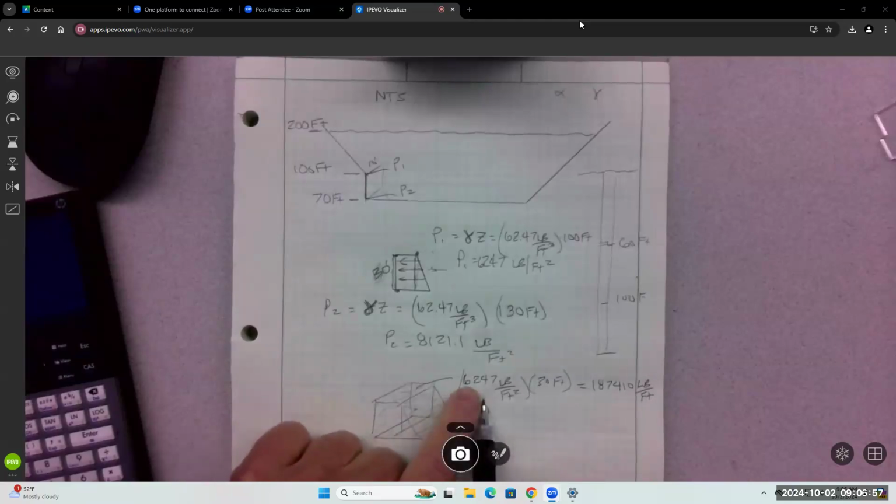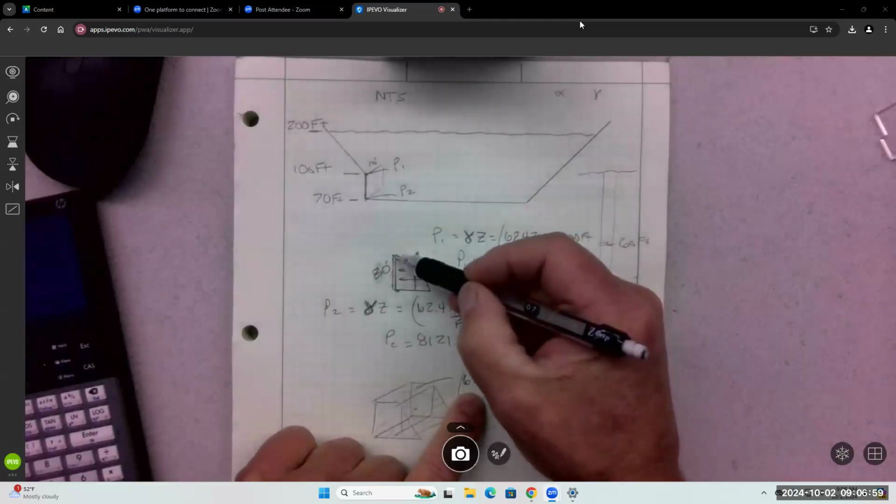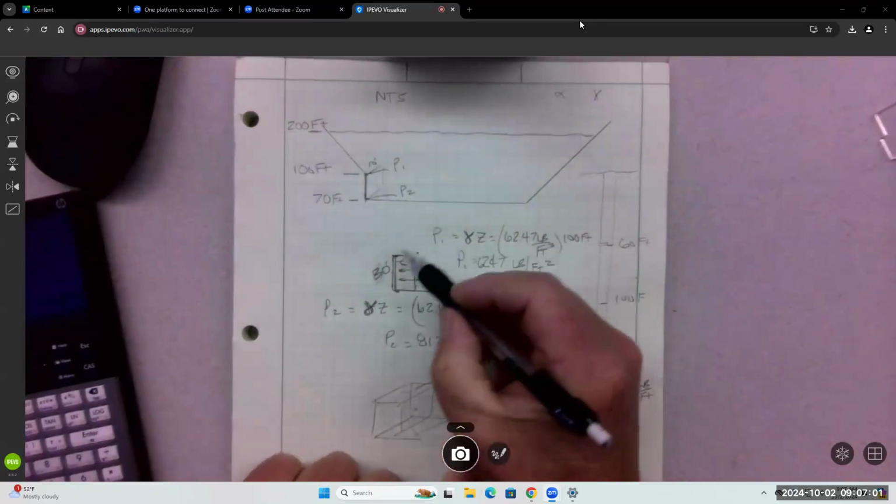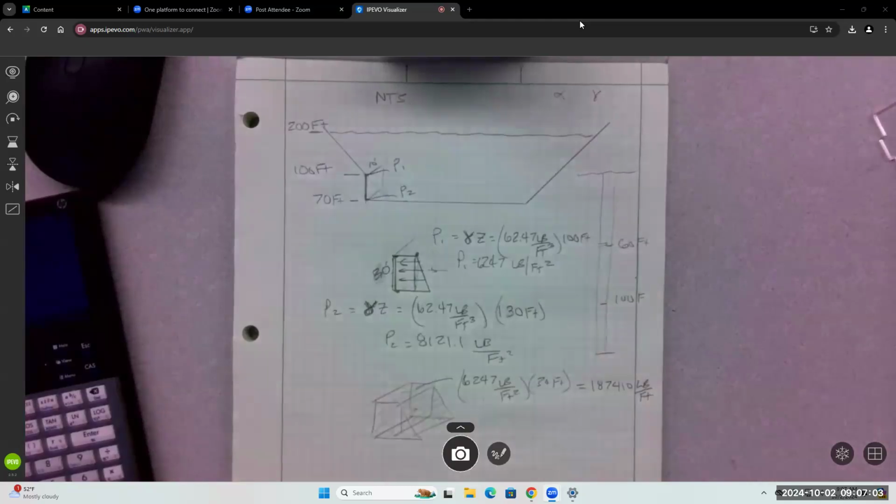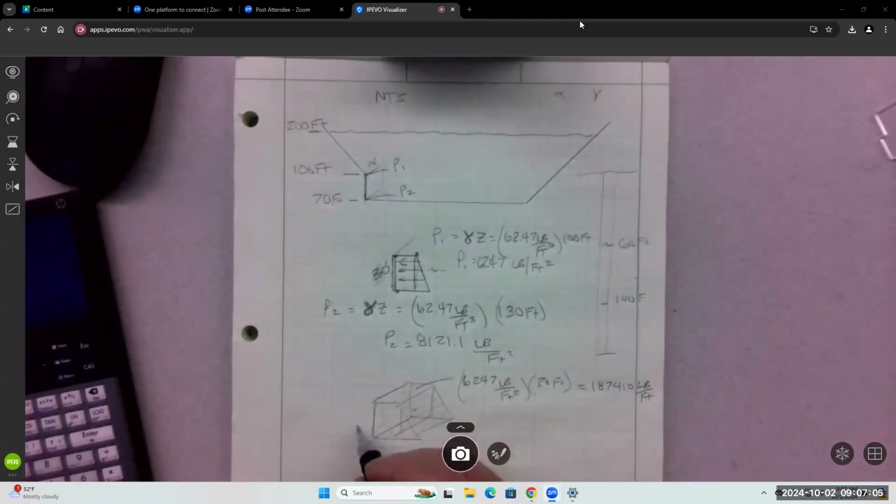We took the pressure times this length, 30 feet, but doesn't it have, this is the 30, what's this dimension? 10. Yeah, so to get the volume, we have to have this times this times this. Right?